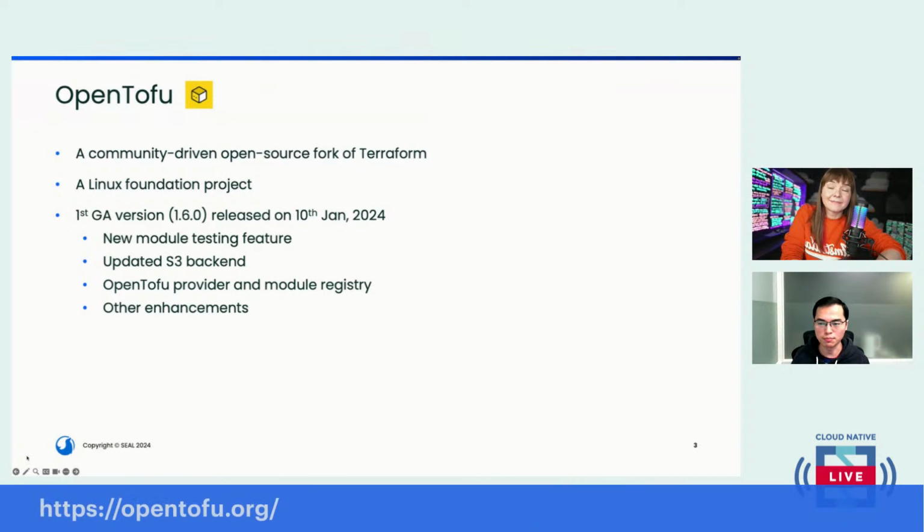There are only some minor differences between OpenTofu and Terraform currently. OpenTofu has a new module testing feature, an updated S3 backend, its own OpenTofu provider and module registry, and some other enhancements.